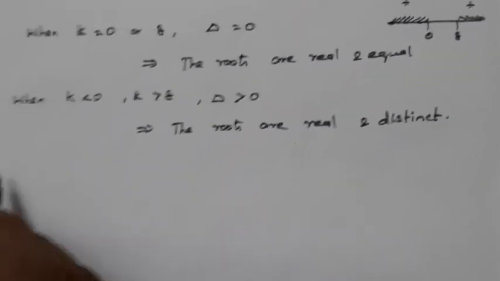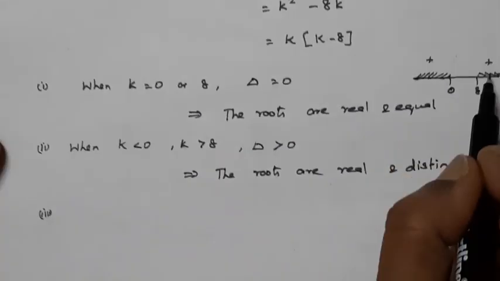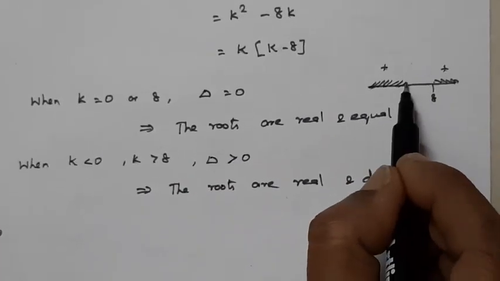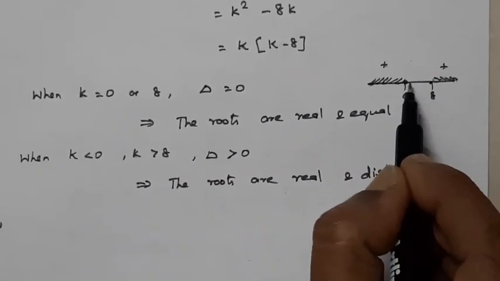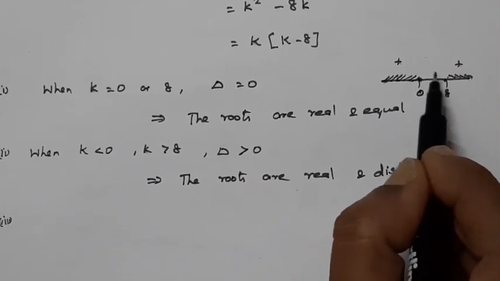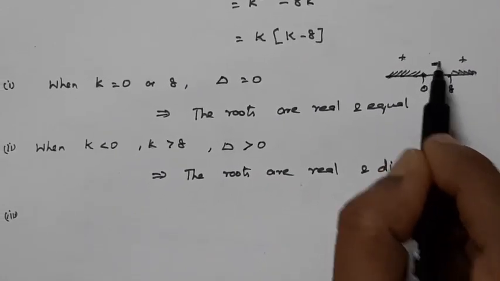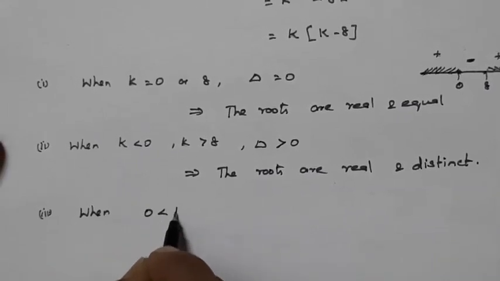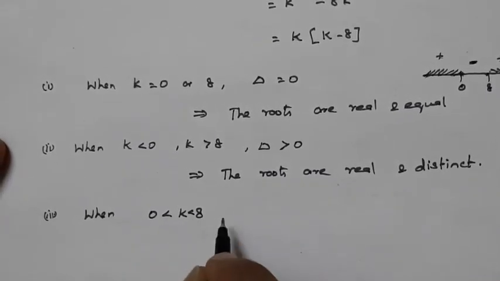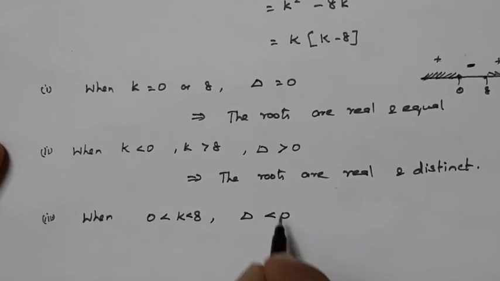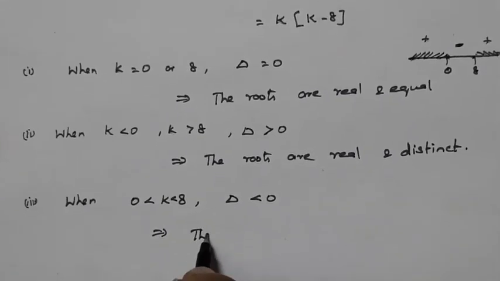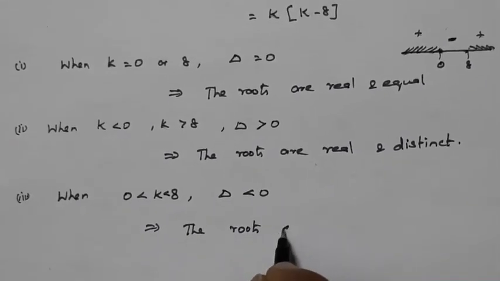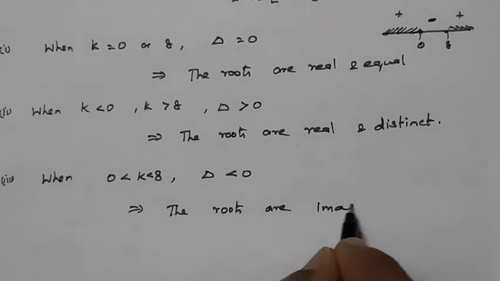Now come to the third case. For these two ranges delta is positive and exactly at 0 and 8 it is 0, which means when k takes a value between 0 and 8, delta will be negative. This implies that for these values of k, the roots are imaginary.